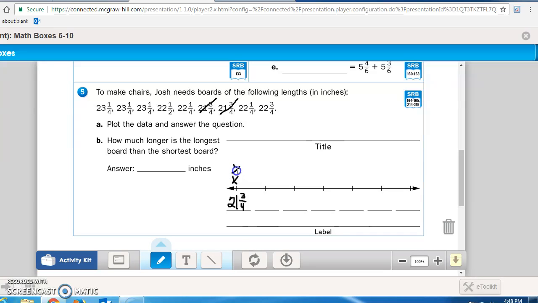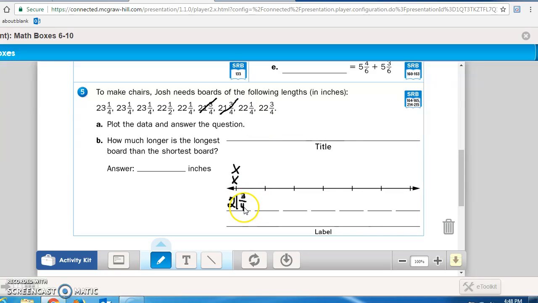Well, as I look, I notice that the next number that I'm going to do is 22 and 1/4. Well, I'm not just going to jump to 22 and 1/4.